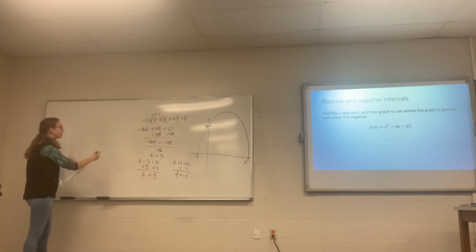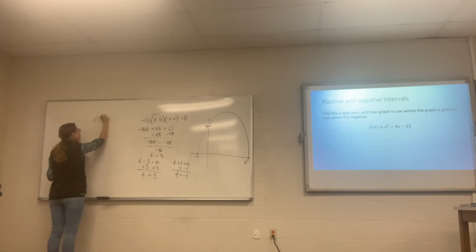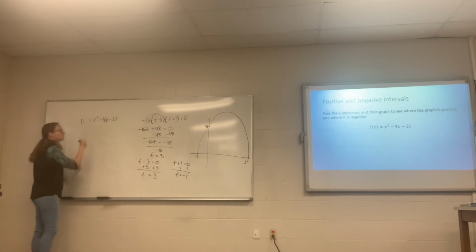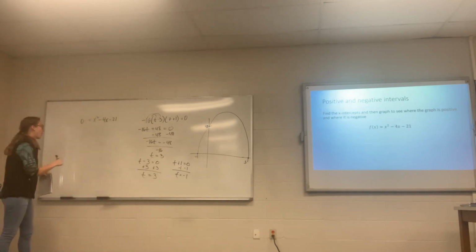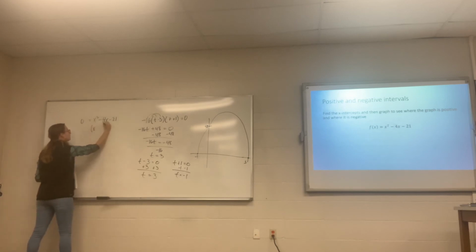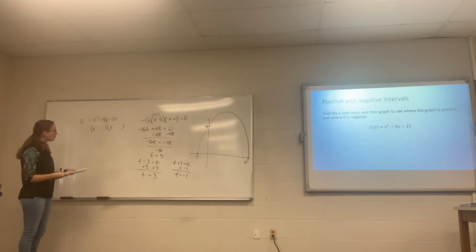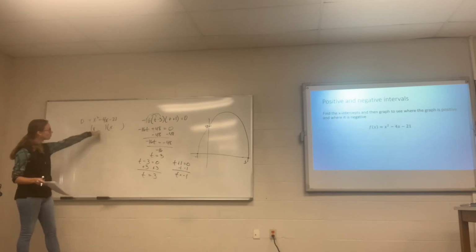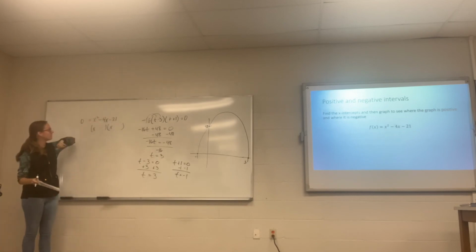So if I have the equation x squared minus 4x minus 21 is equal to 0. This one is just x squared, so I can put x in both of my parentheses. Now I'm going to think what two numbers multiply to give me negative 21, but add to give me negative 4.